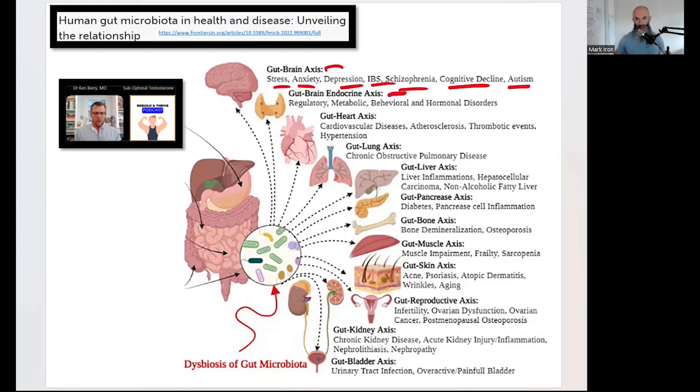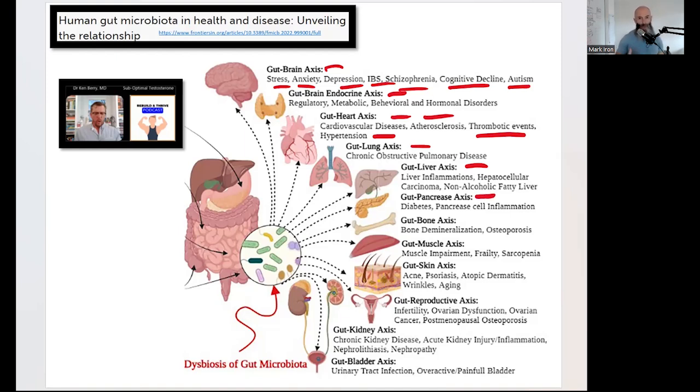So all your hormones are disrupted when you've got a sick gut. And then the heart: cardiovascular disease, atherosclerosis, thrombosis, which is thick, sludgy blood, which leads to hypertension and high blood pressure. Lungs, so you get asthma, allergies, wheezing, seasonal allergies. The liver, which is huge, like the liver detoxes chemicals, pollutants, it keeps estrogen at healthy levels, absolutely foundational.